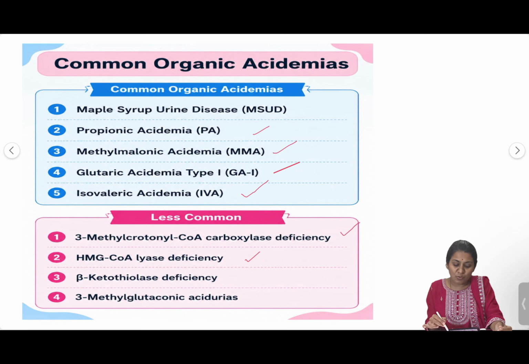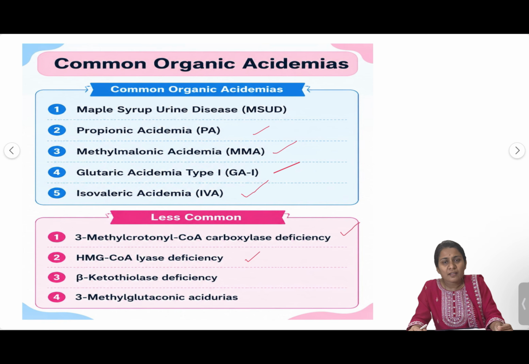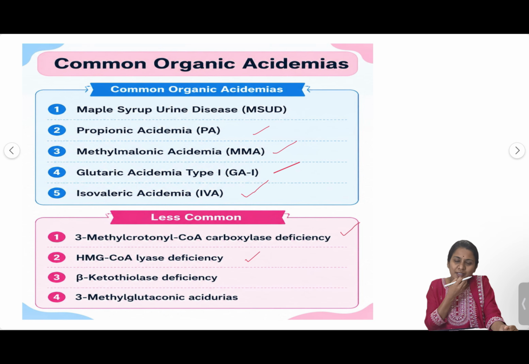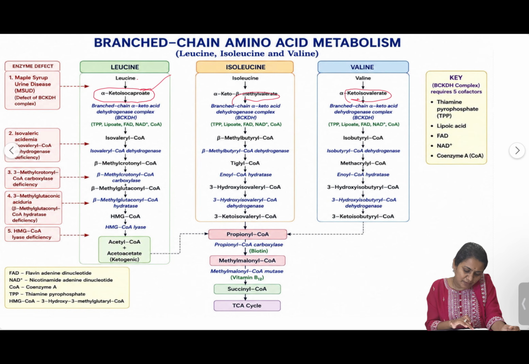What are these? Most of these diseases are due to a defect in the breakdown of branched chain amino acids. Because of this, in the beginning of the class I started with this flow chart.